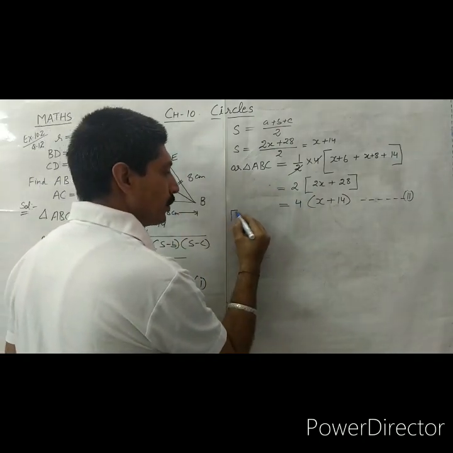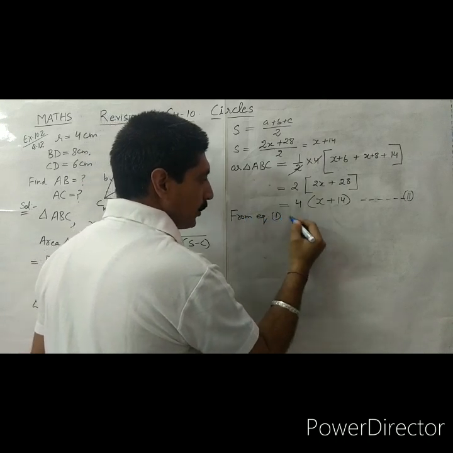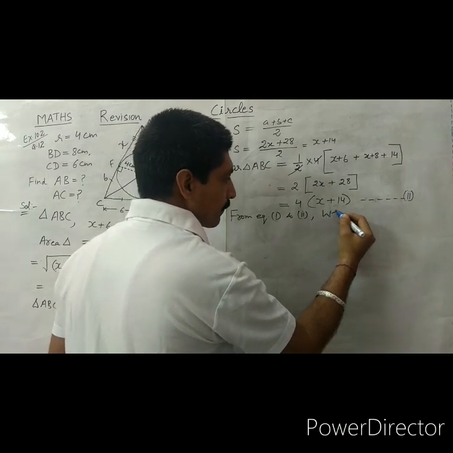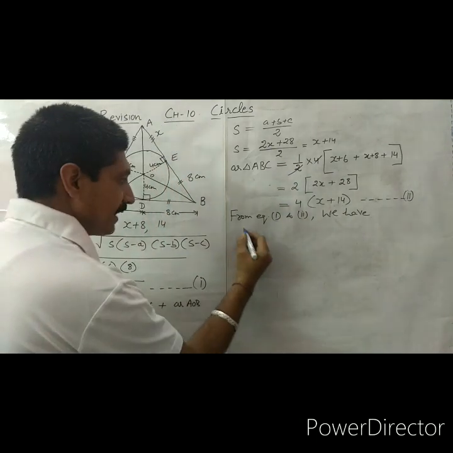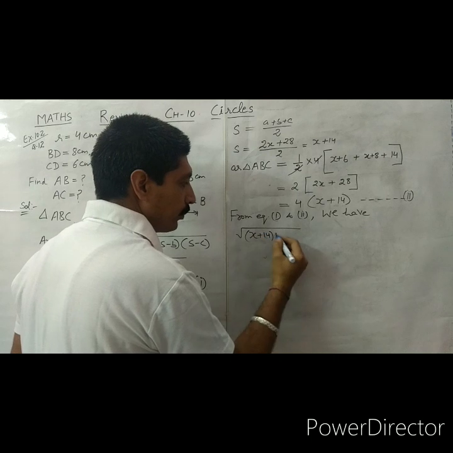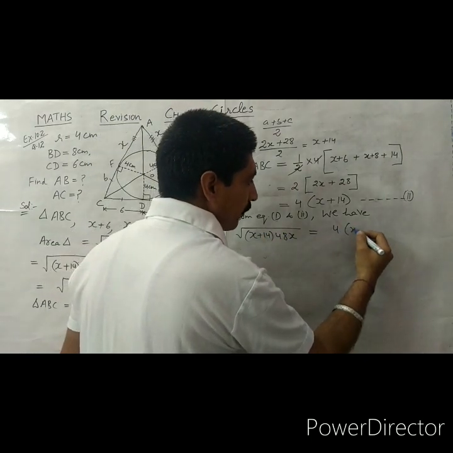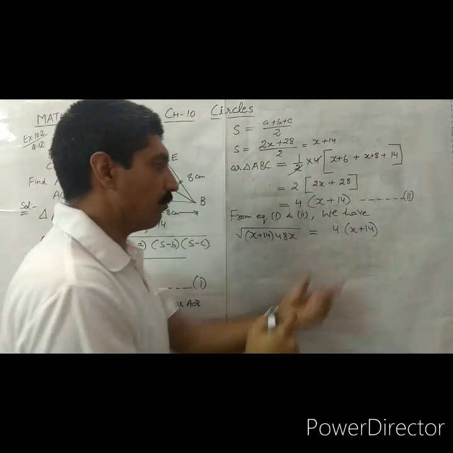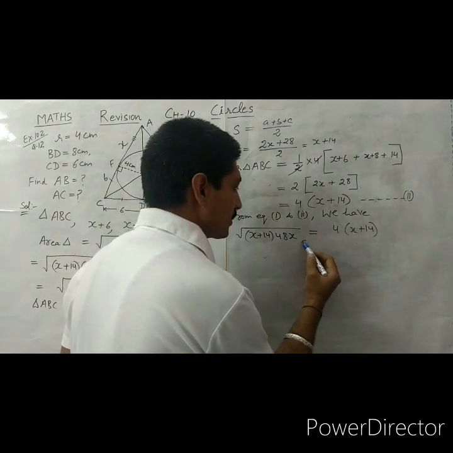From equation 1 and 2, we have area, that is under root x plus 14 into 48x is equal to 4. So here is under root, we'll go for squaring both sides.